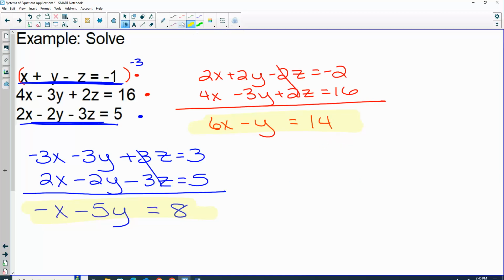If we wanted to eliminate something, what would I need to do? Let's do negative 5.